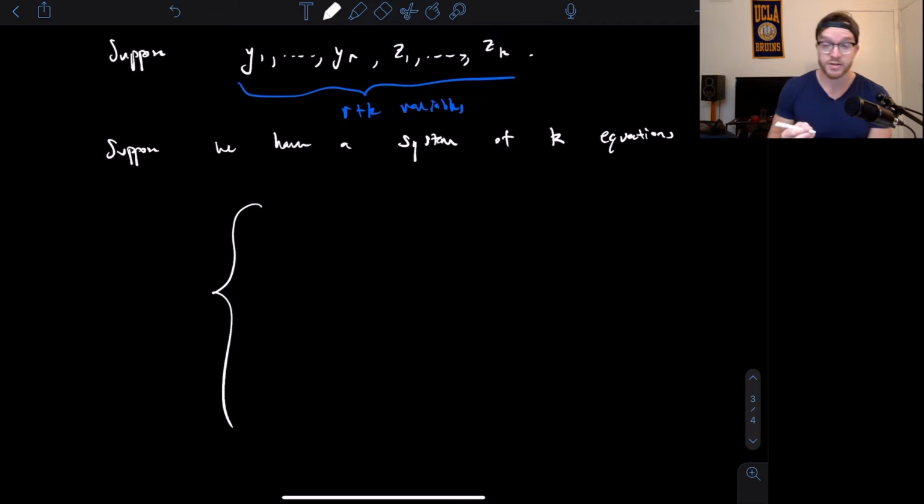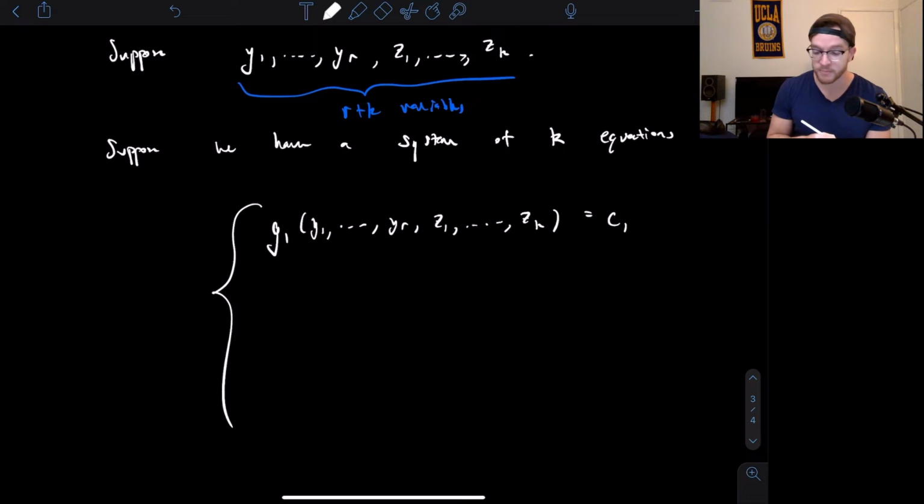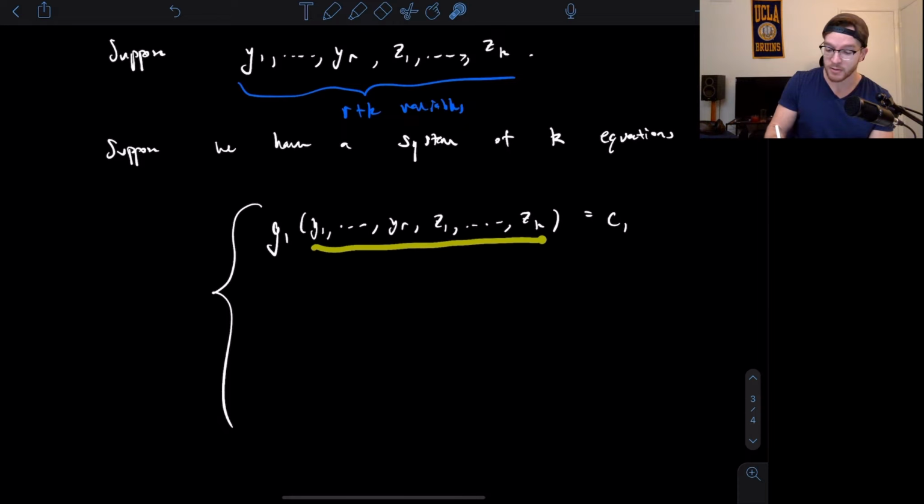And I could write each of these equations as follows. G1 of all of my variables equals some number C1, where G1 is some function from r plus k to r.